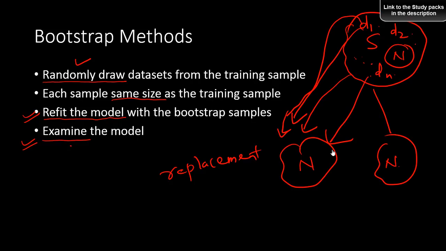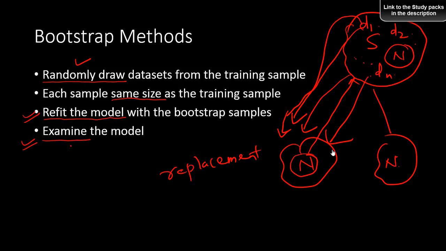So even though we have n observations in our subsample, it is not exactly the same as the main sample. Similarly, in the second sample you will get different data points. With replacement, that means every time you select a point, there is equal probability of each data point being selected, right?